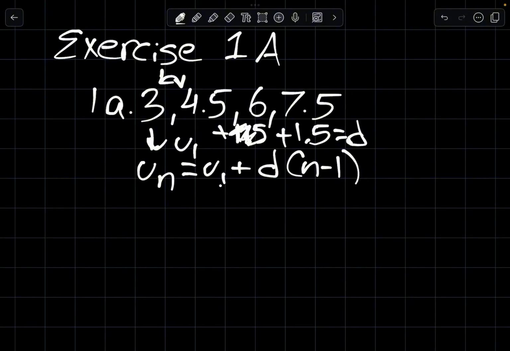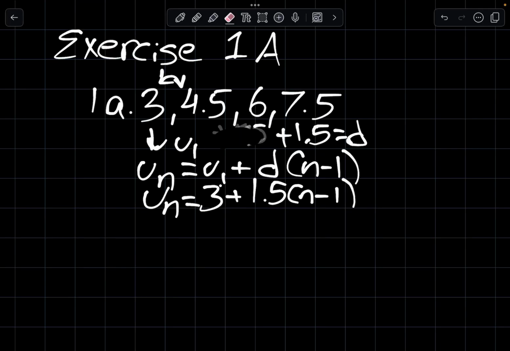So let's first write the sequence since we know what that is. UN is going to be equal to U1, which is 3, plus D, and our D is our difference, so 1.5, times n minus 1.